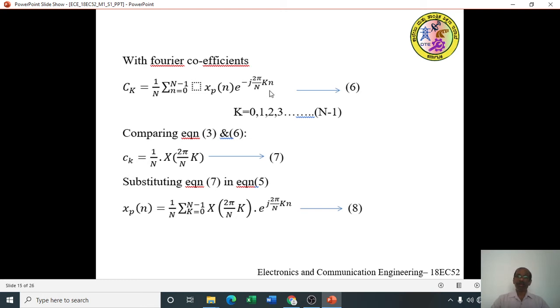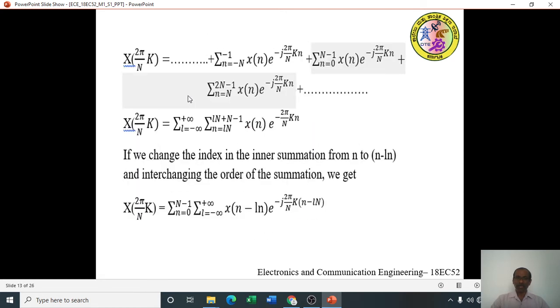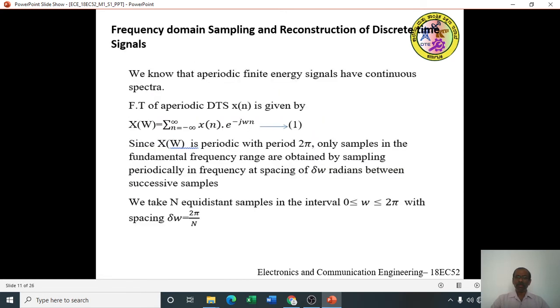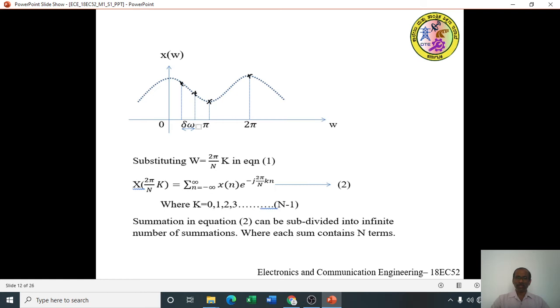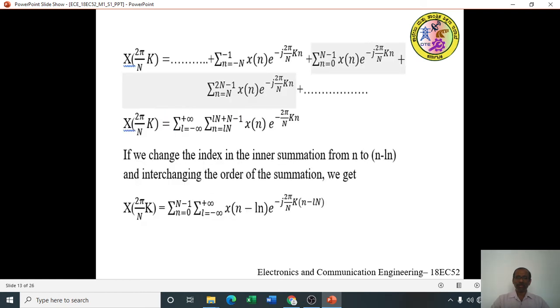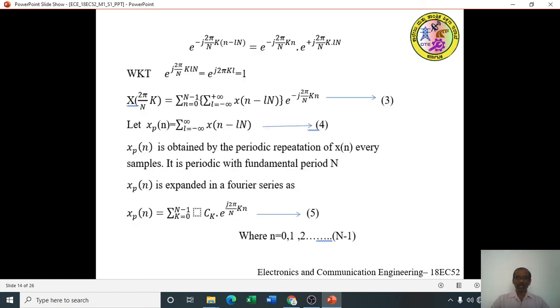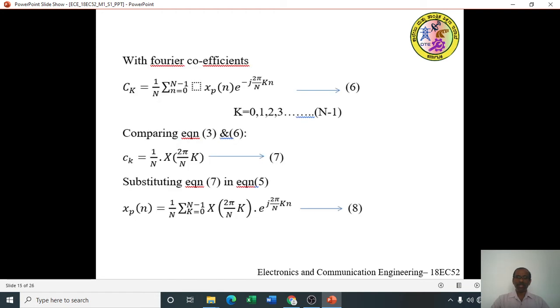When we observe this Fourier coefficient formula with our sample spectra, both look almost the same. Observe equation 3 with equation 6.